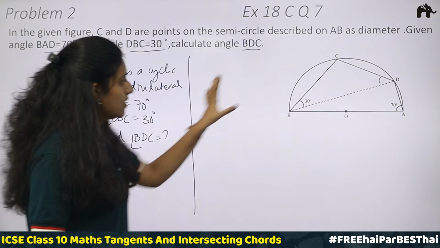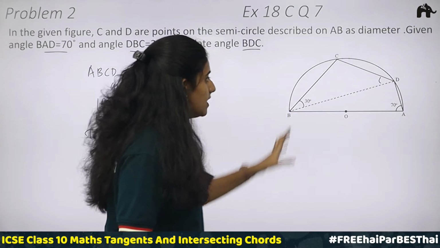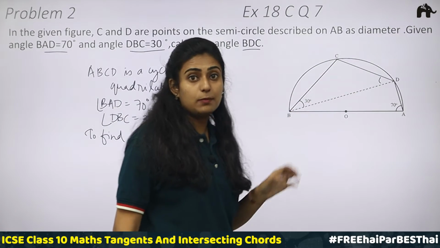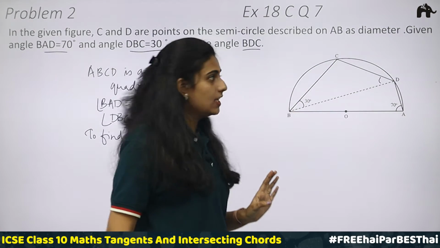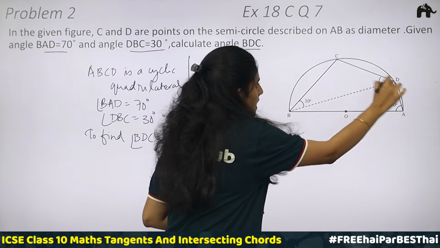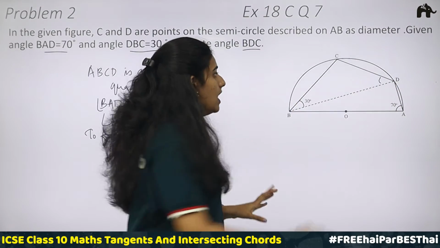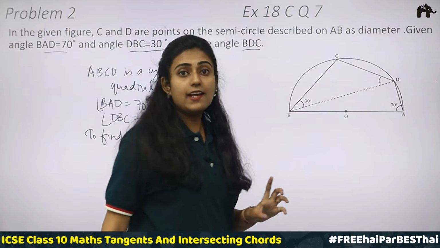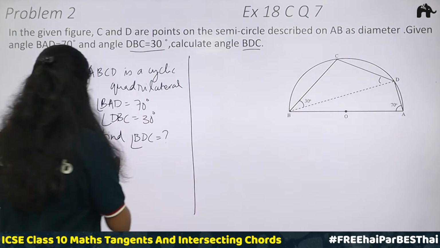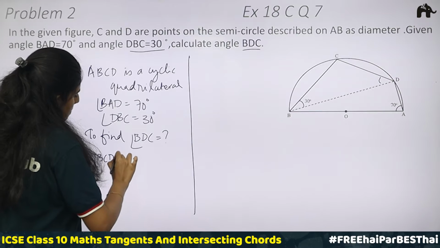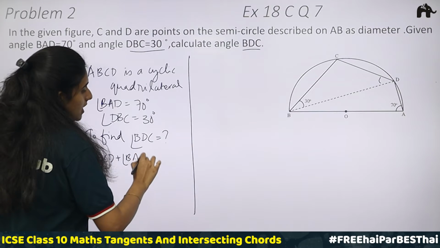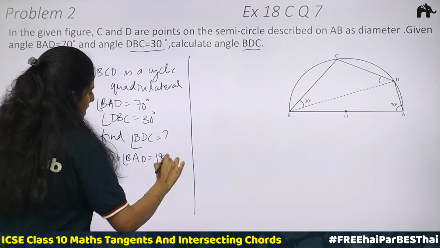What is the peculiarity of a cyclic quadrilateral? For a cyclic quadrilateral, the sum of opposite angles is equal to 180 degrees. So here BCD and BAD are opposite angles. Therefore, when the sum is taken, you get 180 degrees. Angle BCD plus angle BAD is equal to 180 degrees.